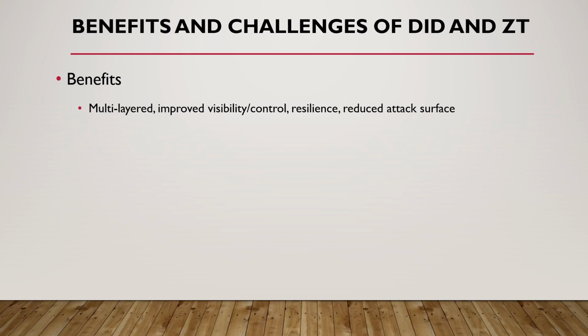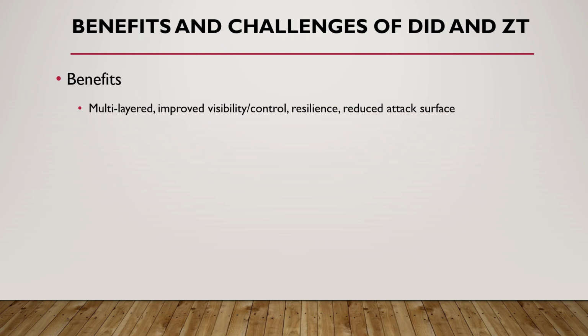In essence, multiple layers of security would exist. Both also rely on an improved level of visibility and control to ensure that ongoing activity remains authorized and resources remain secure. Resilience can also be argued as a benefit of the architecture, as a whole system will not fail if a single layer is breached.